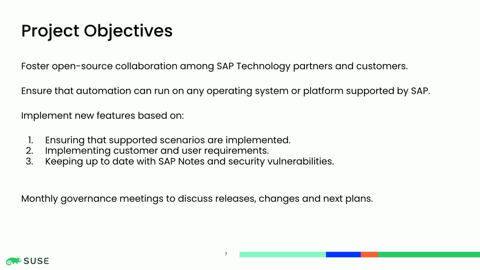With the other partners that joined this initiative, we have, of course, an asynchronous channel through Slack, GitHub, and mail. But we also have a monthly governance meeting where we talk about releases, changes, and next plans. In the last month, we decided also to create a technical meeting that we hold every two weeks.